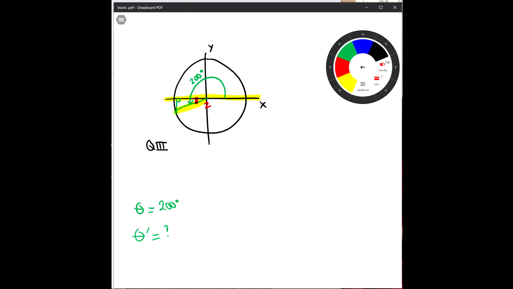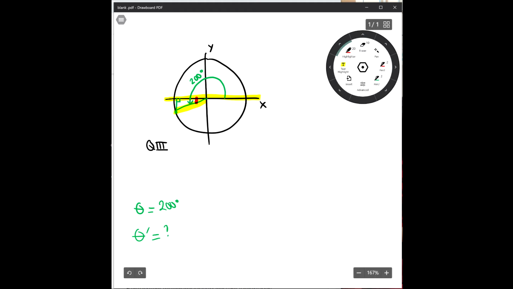If I use the rule that the reference angle is always less than 90, then I don't choose angle number 2. I will eliminate angle number 2, and the only angle left is angle number 1. So now my job is to find the measure of angle number 1. How do I find it?